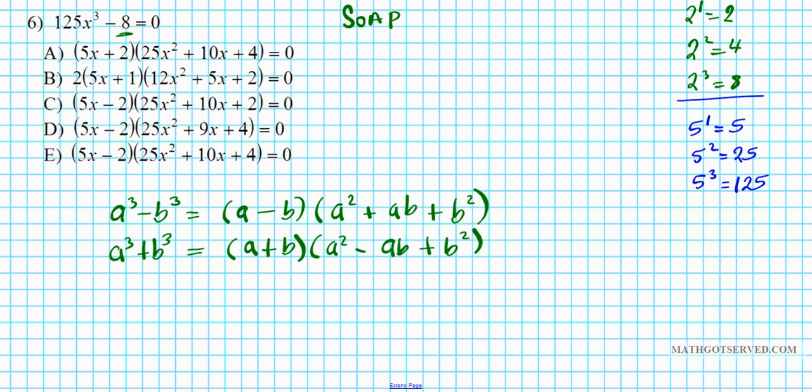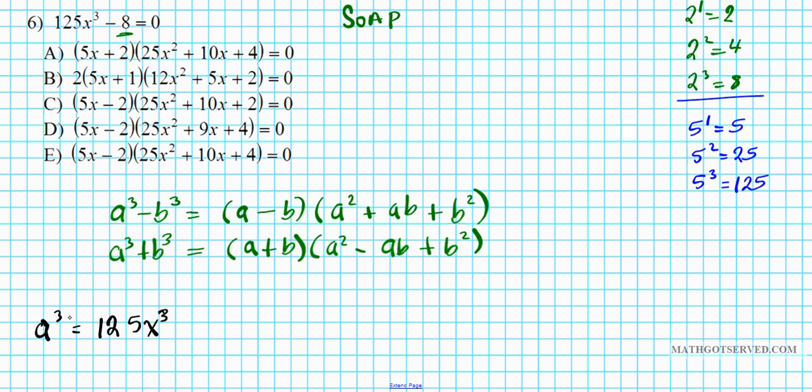All right, so we have to find a. Now the first term here, 125x to the third, is equal to a cubed. Or we can write it as a cubed is equal to 125x to the third. So what is a? How do we get a? We have to undo the cube, right?